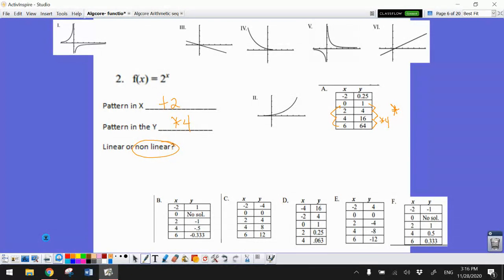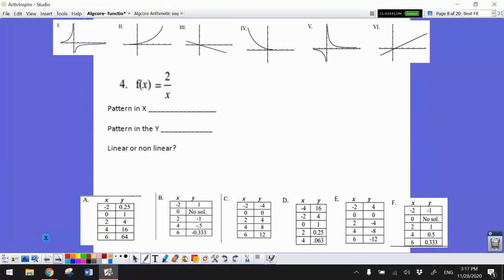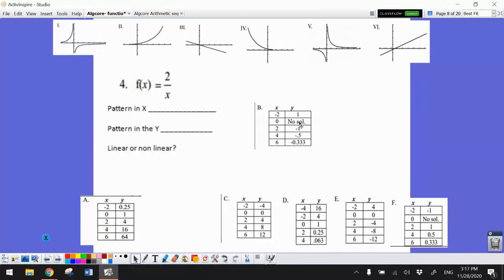All right, so what I want you to do is keep going with your calculator and finish up your function matching. This kind of goes along with your homework. And you're going to see some interesting patterns show up in your tables. So for example, I'm going to just pull this table up for a second and let's look at it.